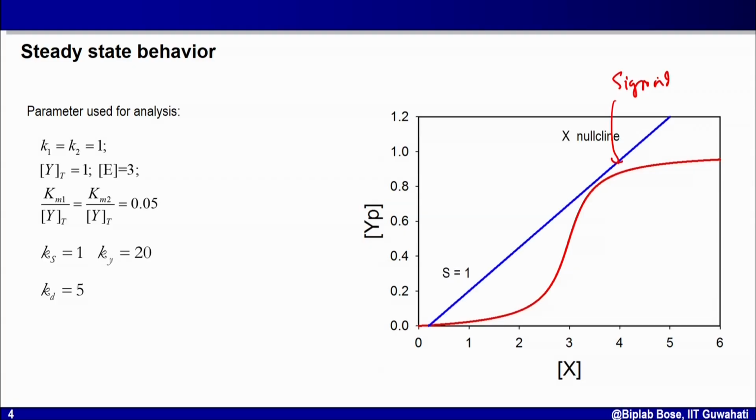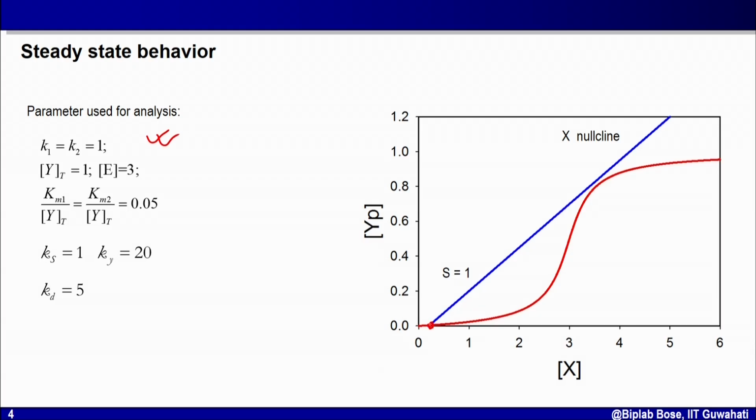So let us consider first s equal to 1. If you consider input signal s equal to 1, then you get this straight line shown in blue color, and that is my x nullcline. Let us clean a bit. Now I will change s from 1 to 5. Before I change, you notice here when s equal to 1, for the parameter values that I have used to draw this plot, there is only one point of intersection.